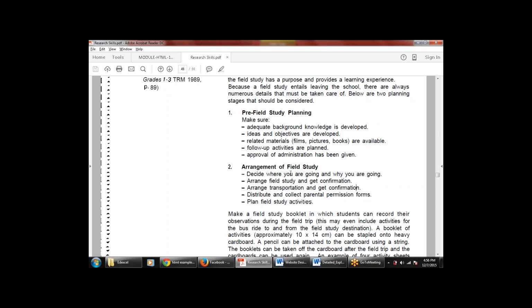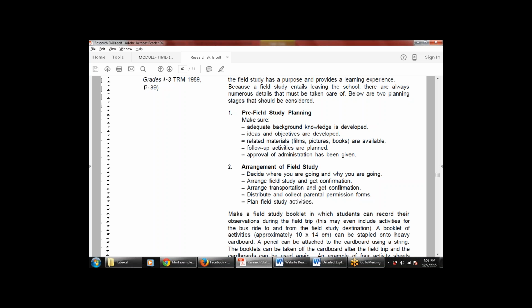You confirm whether the field study is valid or not. First arrange where the field study is, and then arrange the transportation and get the confirmation.